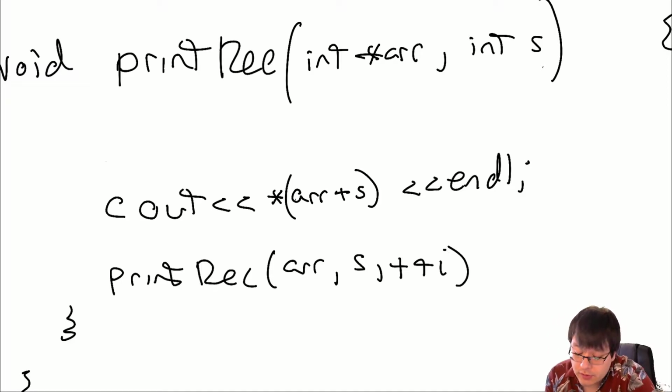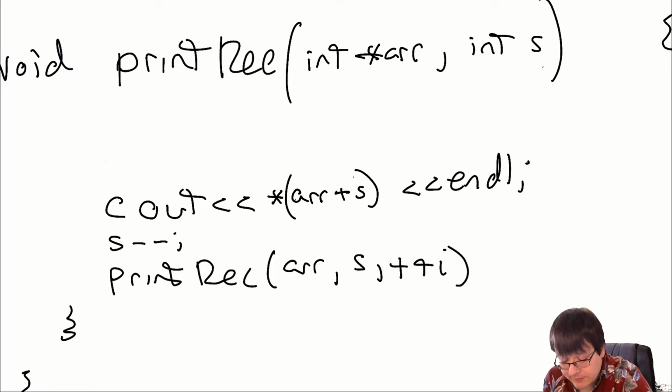Then we can just decrease S. In fact, if we want to be really hardcore, we could do it in the same line by saying S minus minus, but we're not going to be that crazy. We'll put it here, S minus minus.